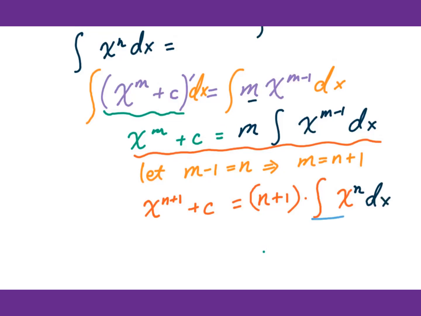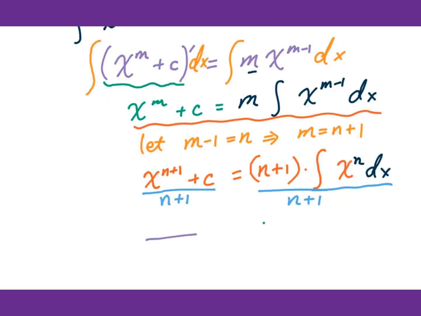Since I'm looking for this, on both sides I divide by n plus 1. You will get x to the n plus 1 over n plus 1 plus c over n plus 1 equals, reduced, the integral of x to the nth power dx.